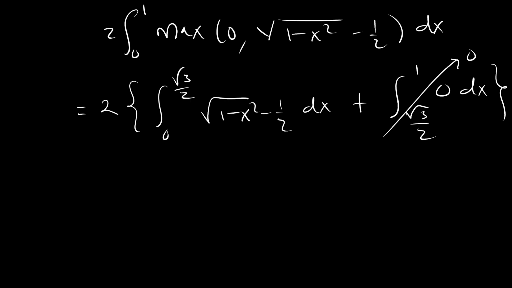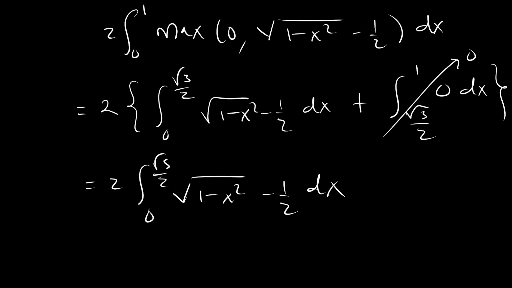And so we are left with twice the integral from 0 to root 3 over 2. So that's our integral.